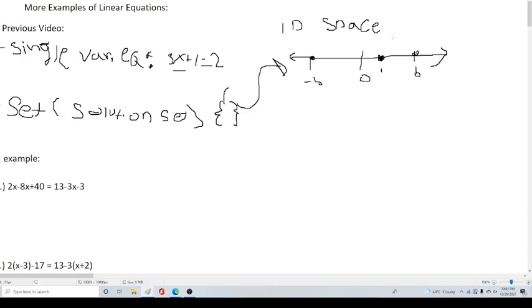But that's what a set really means. I apologize if that was not clear in the last video. Then we also did some examples of solving these linear equations. We're going to do some more involved equations that just take more steps to do, but let's get into it.